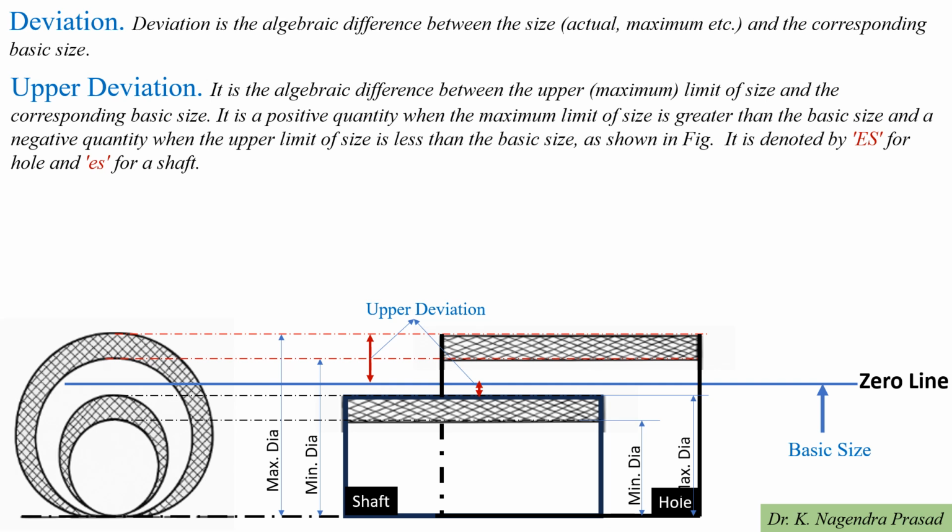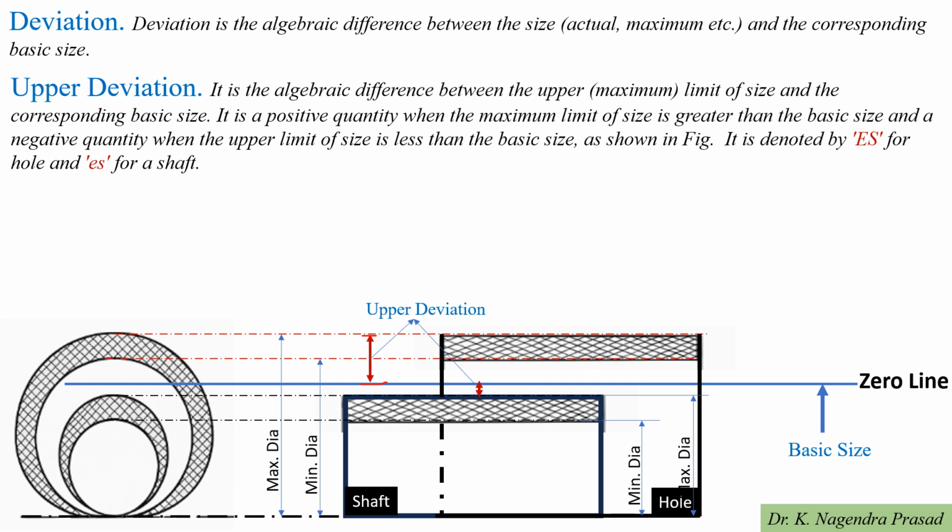Upper limit of the hole minus basic size we are calling the upper deviation of the hole. Similarly, we have to observe for the shaft also. Upper limit of the shaft minus basic size we are calling the upper deviation of the shaft.